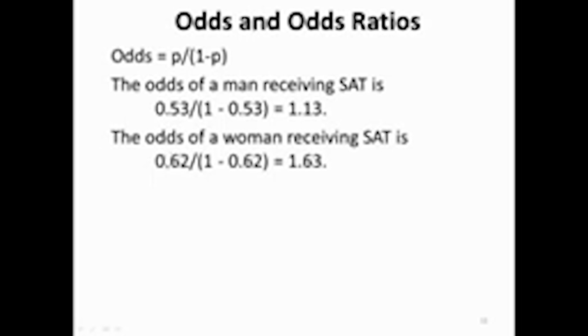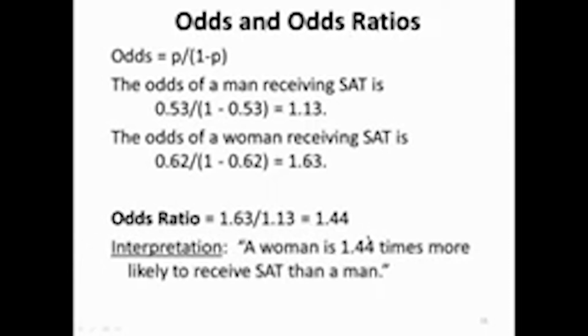Similarly for women, 62%, that is 0.62 divided by 1 minus 0.62, which is 0.38. So 0.62 divided by 0.38 is 1.63. We divide this by this, so the odds ratio comes out to be 1.44. So a woman is 1.44 times more likely to receive SAT than a man.